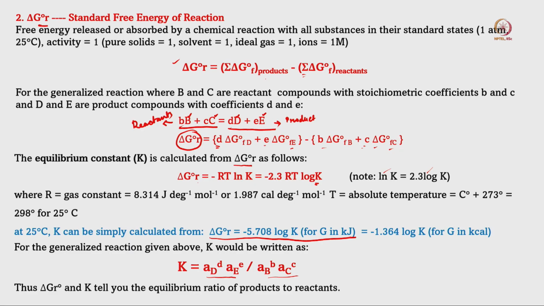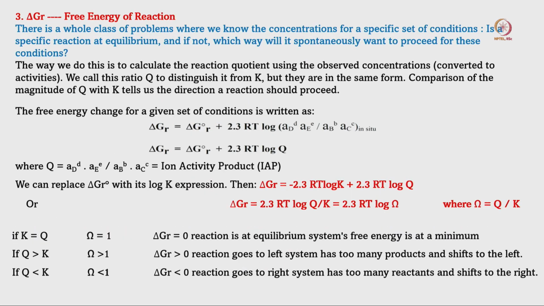So, here it is activity of D to the power d, activity of E to the power e, divided by activity of B to the power b and activity of C to the power c. So, this calculation will tell us in which direction the reaction is moving.